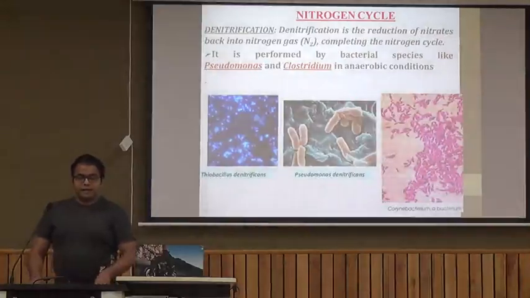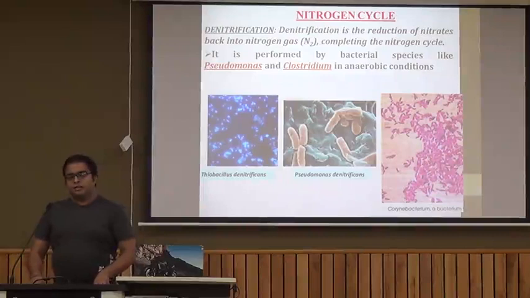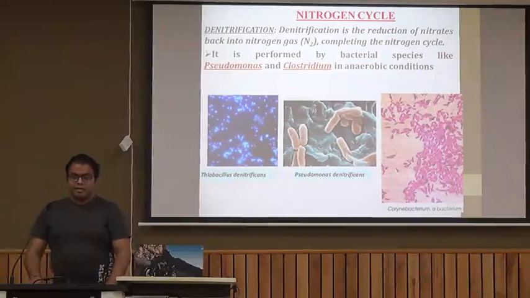Next is denitrification. In denitrification, it involves reduction of nitrates back into nitrogen gas and thus completing the nitrogen cycle. Nitrogen is taken from atmosphere and given back to it. It is performed by bacterial species like Pseudomonas, Clostridium, and requires anaerobic conditions.